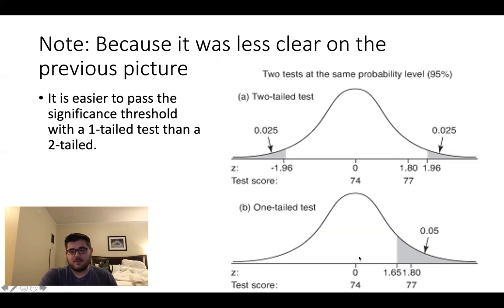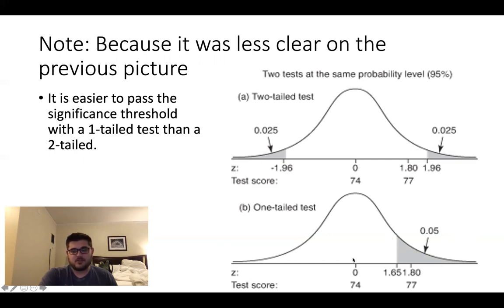Now, if I happen to observe a difference between means or a correlation or whatever the effect is, if I observe an effect so large that it surpasses the top 5% of the area under the curve, that means that there's less than a 5% chance of observing the data that I did, or more extreme data, when you assume the null hypothesis is true. That's a one-tailed test. We just have to get past the top 5% of the area under the curve.